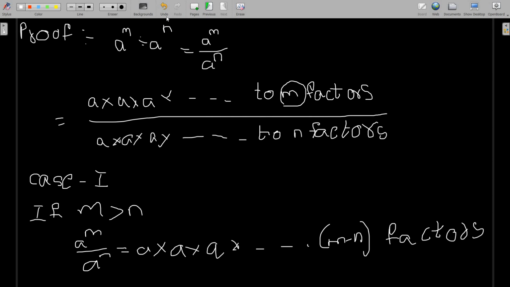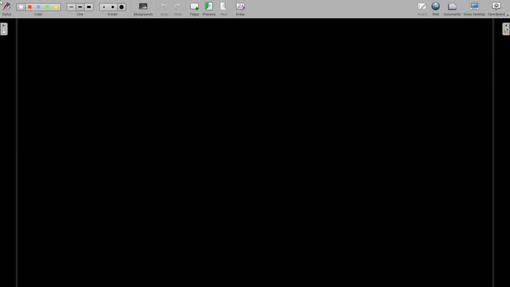Now we are going to see case 2: if m is less than n.